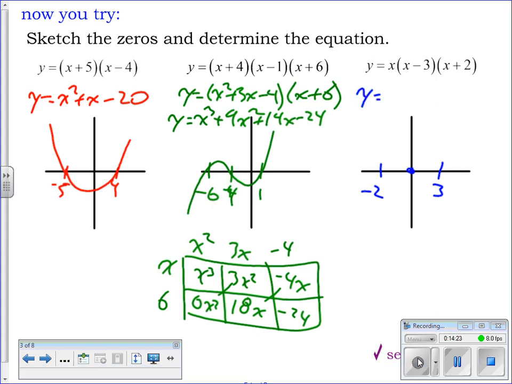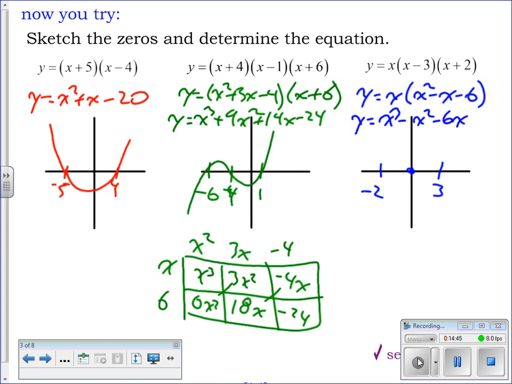So I get y equals x times x squared. Negative 3 plus 2 is minus 1, so I have minus 1x. Negative 3 times 2 is minus 6. And I multiply the last two, that's what I get. Multiply those times x, y equals x cubed minus x squared minus 6x.